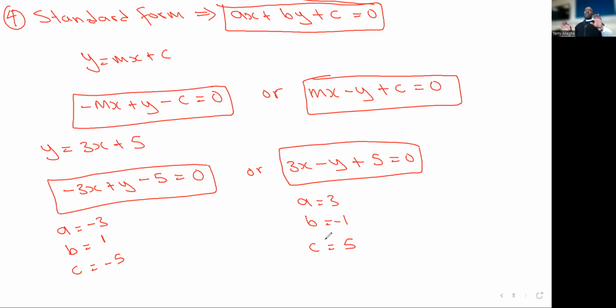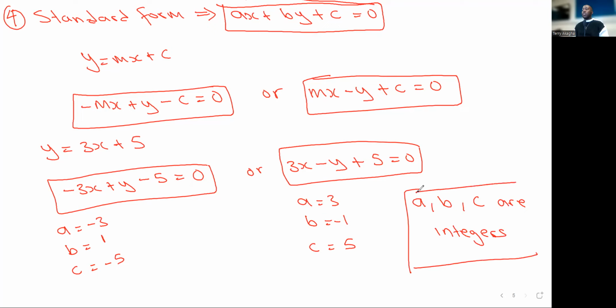So basically, in the standard form, you are just rearranging the slope-intercept form with all the variables and the constant on one side. But usually, we're always told that a, b, c are integers, all right? I'm going to talk about this in the video. So most times, in most questions, they will make sure that a, b, and c are integers. And I'm going to show you how to write that.